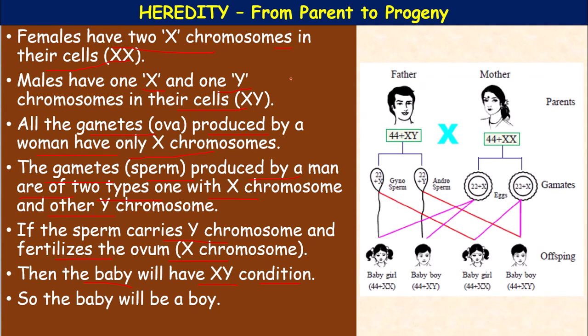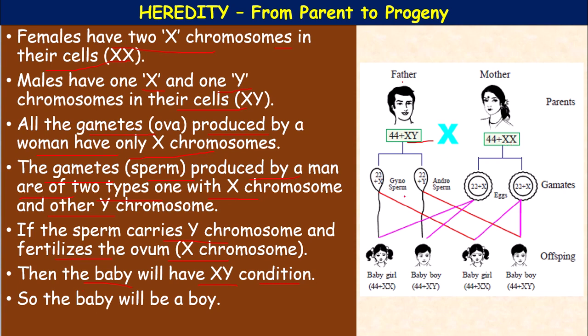So, here see father, mother. 44 autosomes and 2 allosomes. What are those? The sex chromosomes present in the father are X and Y, whereas in the mother X and X. These are the parents.